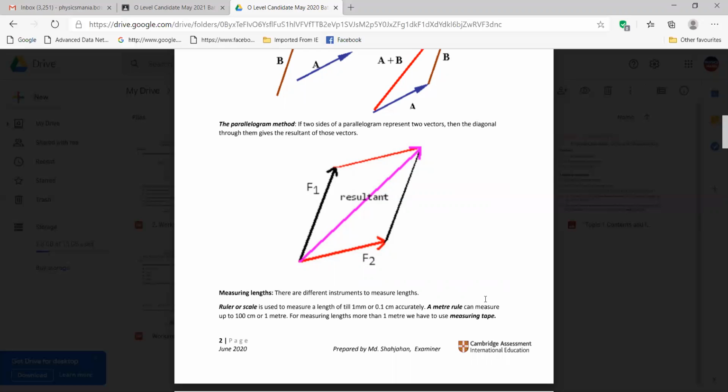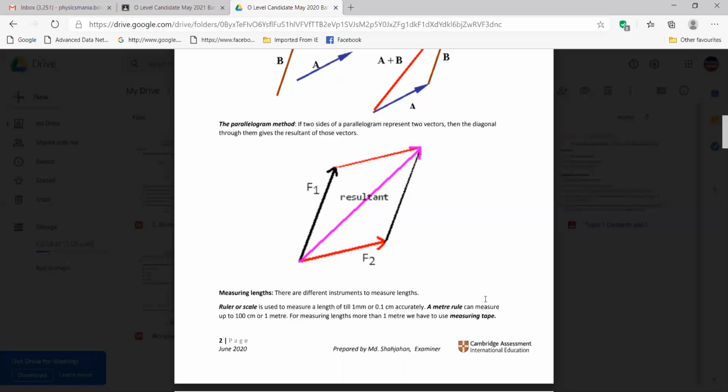Yes, sir. So 10 lines is giving you 1 centimeter. Each gap in between two lines is giving you 1 millimeter, right? Yes, sir. And from this idea, we can say 1 centimeter equals 10 millimeter.